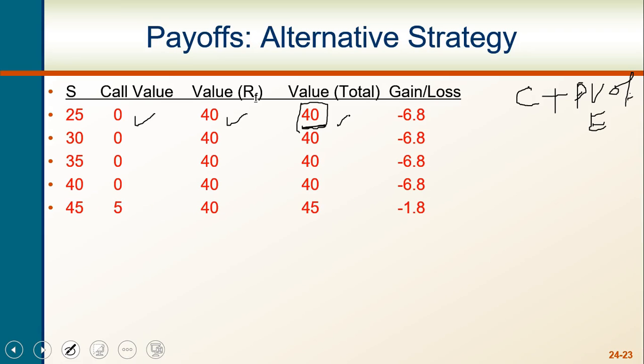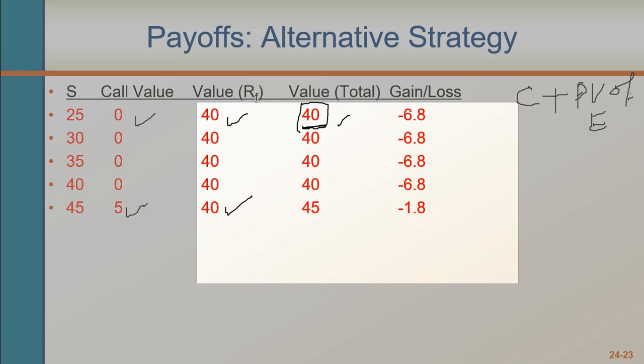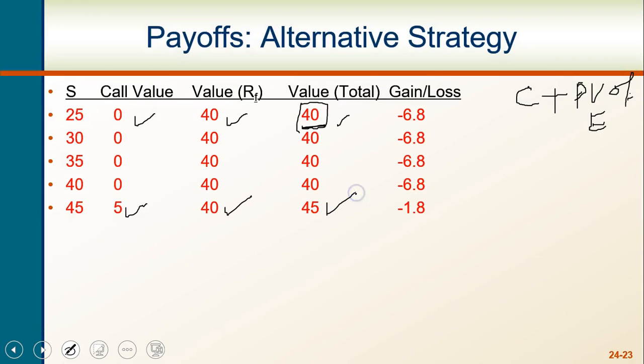And when the stock price becomes 45, what do you see? When the stock price is 45 and you perform the operation S minus E, where S is equal to 45 and E is equal to 40, S minus E will be equal to 45 minus 40, and the call value will be $5 here, and you will have the maturity value of your risk-free investment equals $40. So the total value or the combined value of the position is $45, which will mean that your loss will now start shrinking from $6.80.